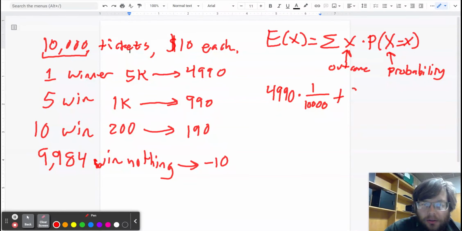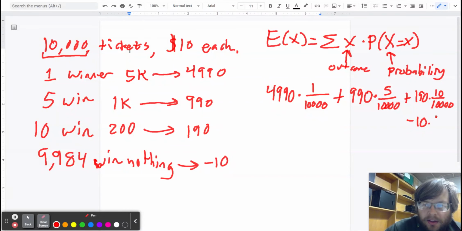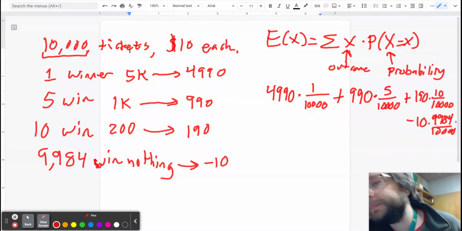I could also be the $1,000 winner. So $990 improvement in my bank account, 5 out of 10,000 probability of it happening. Same idea with the next one. I could win $190 with a 10 out of 10,000 probability, or I could lose $10 with a 9,984 out of 10,000 probability.